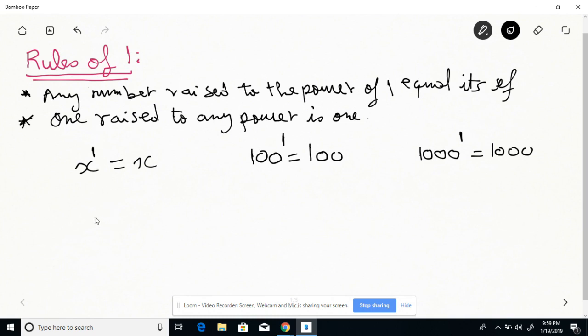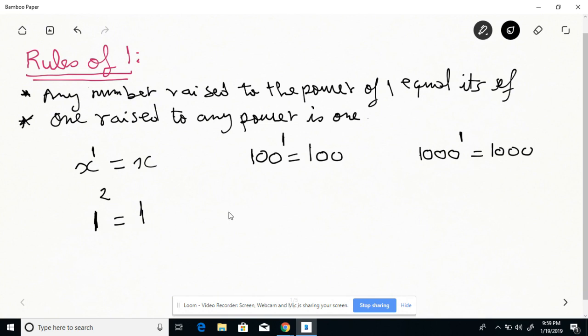Second condition here, 1 raised to any power, let's say here 2. 1 raised to any power is 1. But some people say, oh, 1 to the 2 is going to be 2, which is wrong. 1 raised to any power is going to be 1.